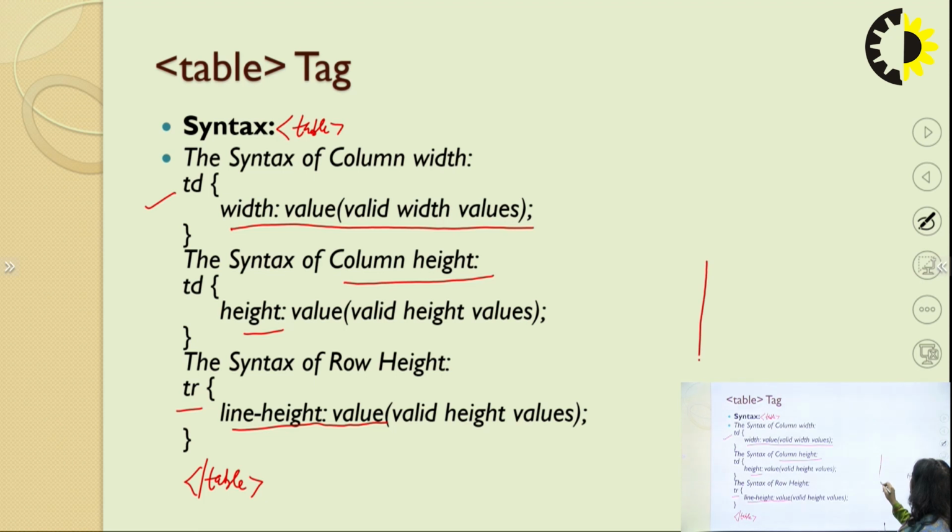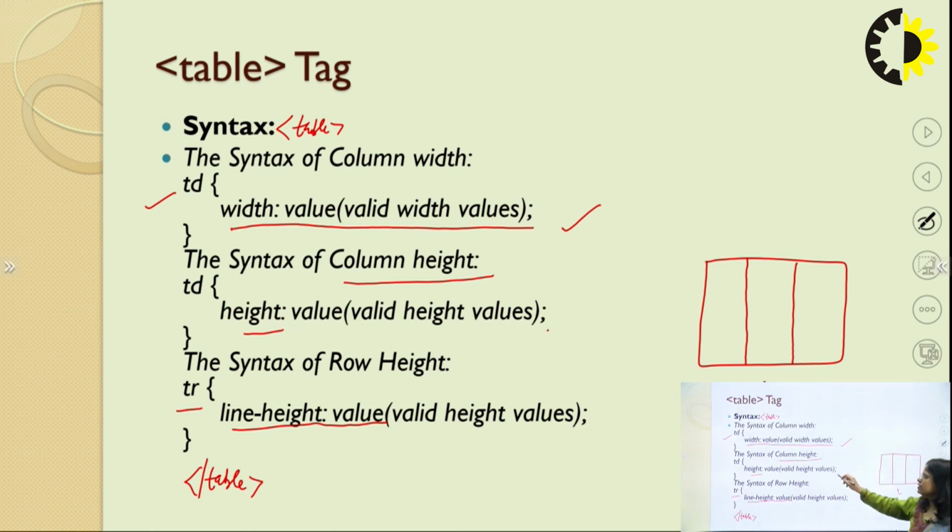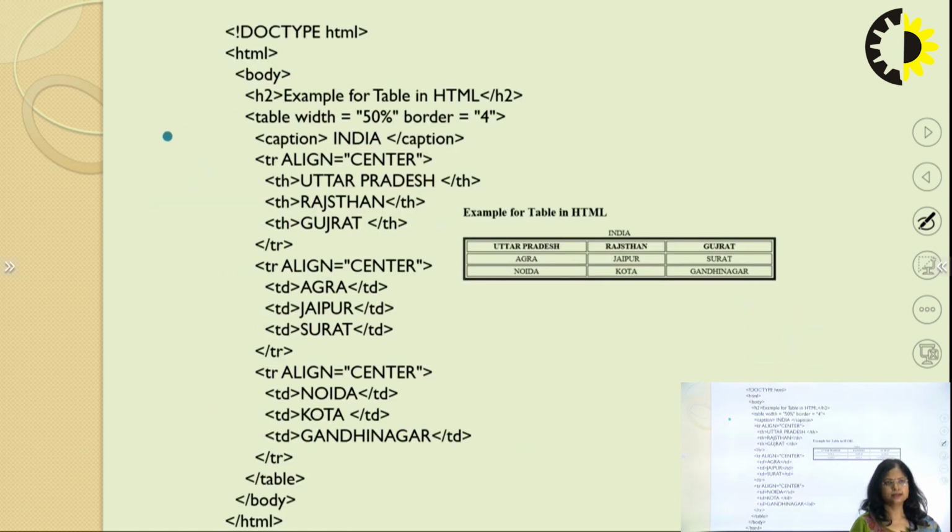Width to the column means if this is the table and we want the width of a column of this size, we can assign the width in this format. If we want to assign the height of the row, then we can use this syntax. So this is the syntax for assigning the width and height to the column and row as well.